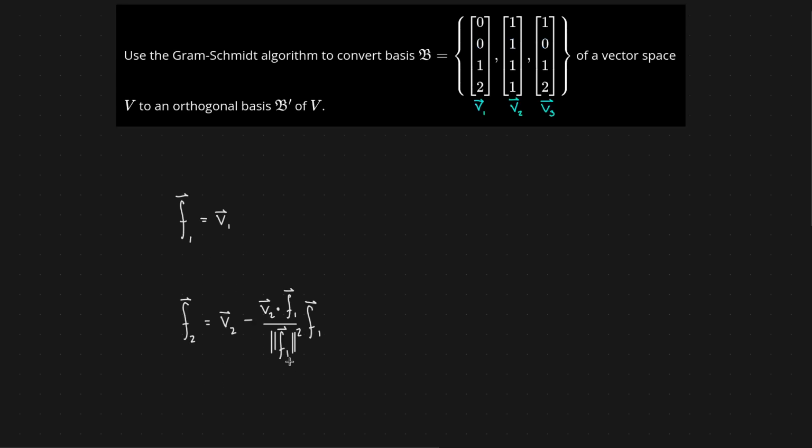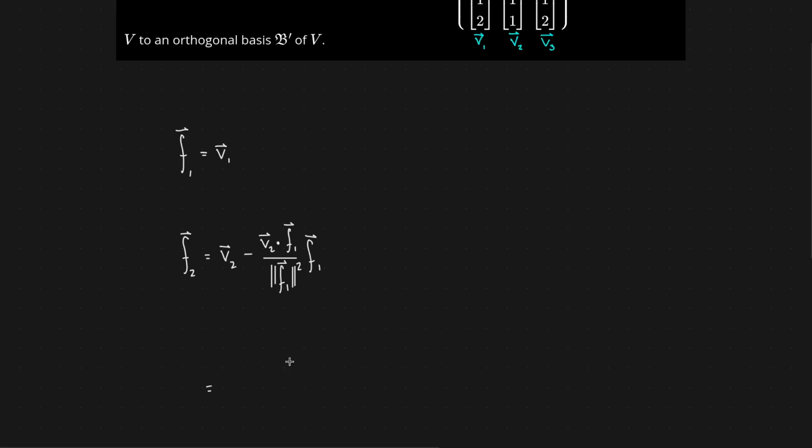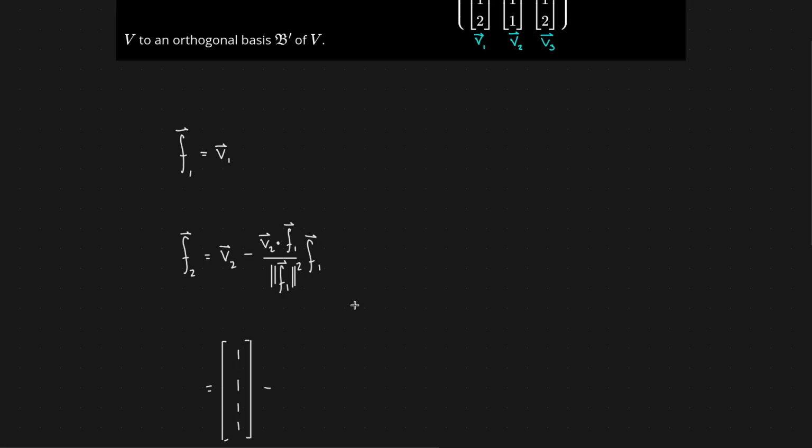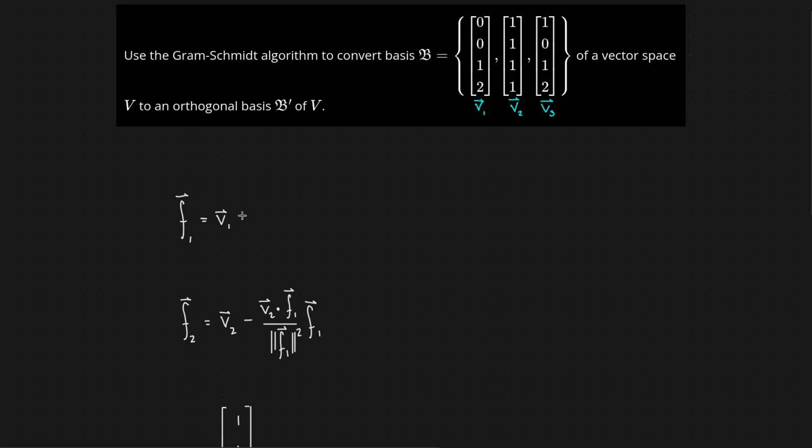So V2 is 1, 1, 1, 1, minus V2 dot F1 over the norm of F1 squared, times F1. Let me just state here what F1 is for the record: 0, 0, 1, 2. So the dot product of V2 and F1, you can see pretty quickly, is going to be 3.